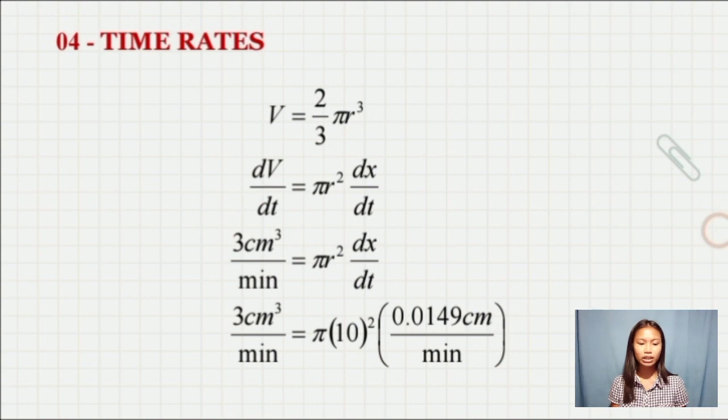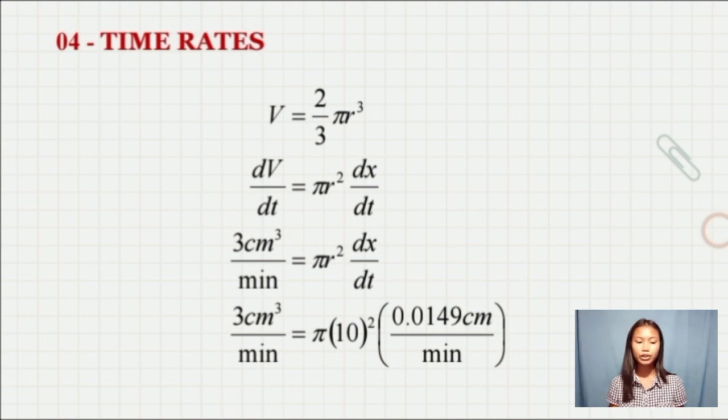Since we already know that our dx over dt is 0.0149 cm per minute, we will substitute it already. Since we know that our given r is 10 cm, we substitute it as well.